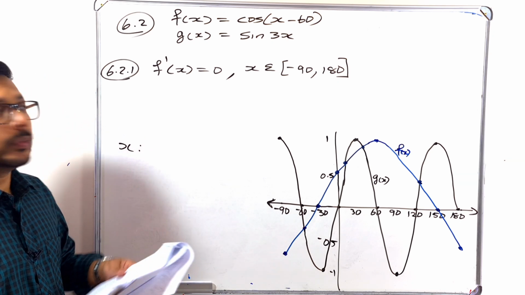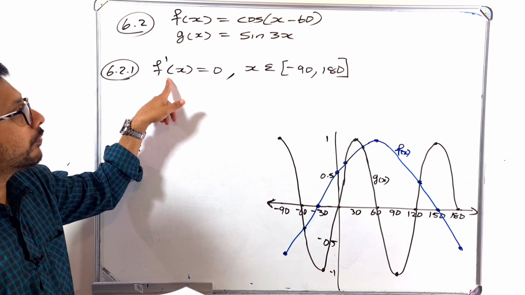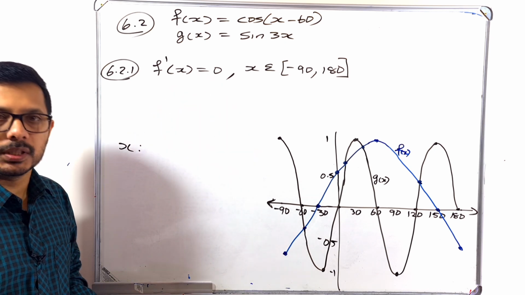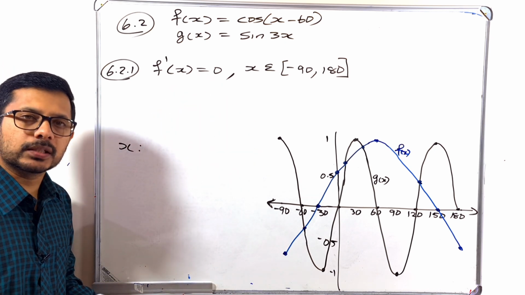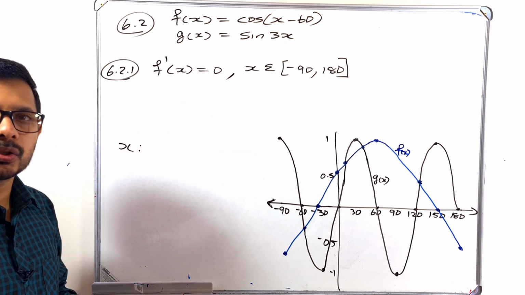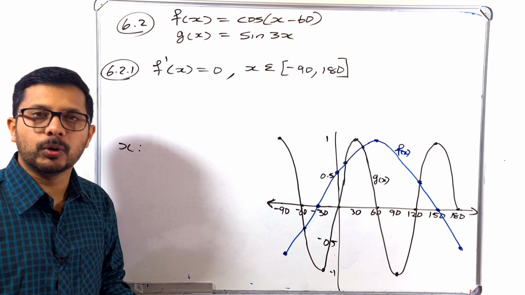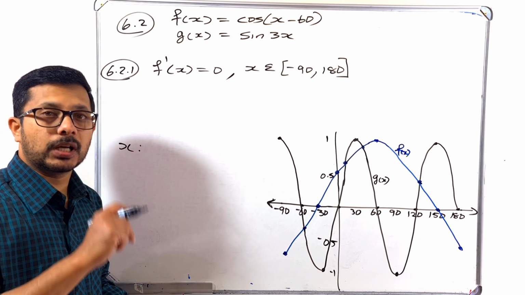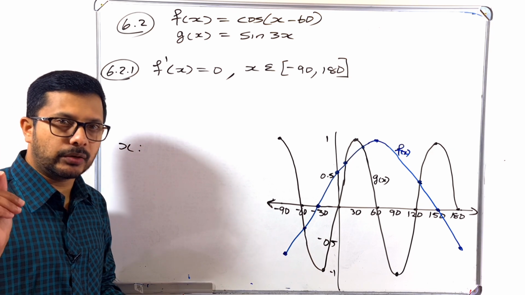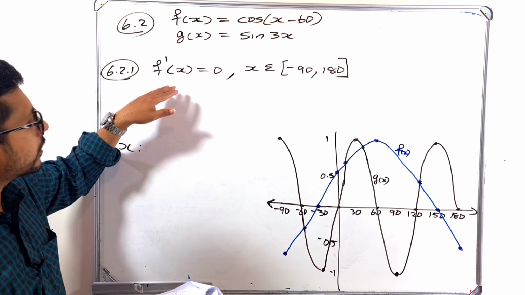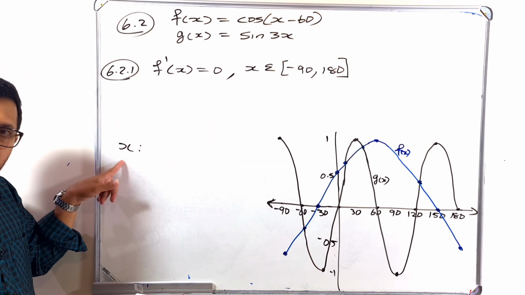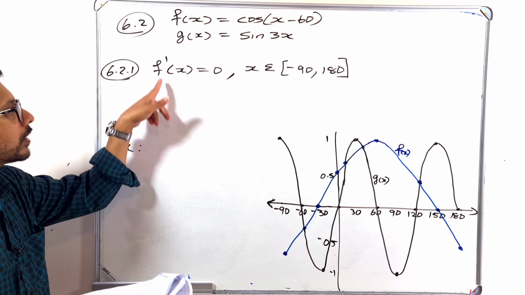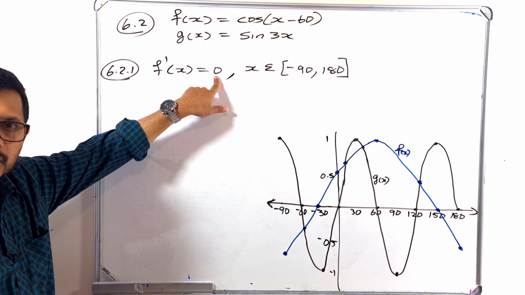And what is the condition? F dash of x is equal to 0. What is this f dash of x, or f prime of x? That's the first derivative. Do you remember in paper 1 calculus you studied the first derivative? Here they are saying that you have to find the values of x where the first derivative is equal to 0.